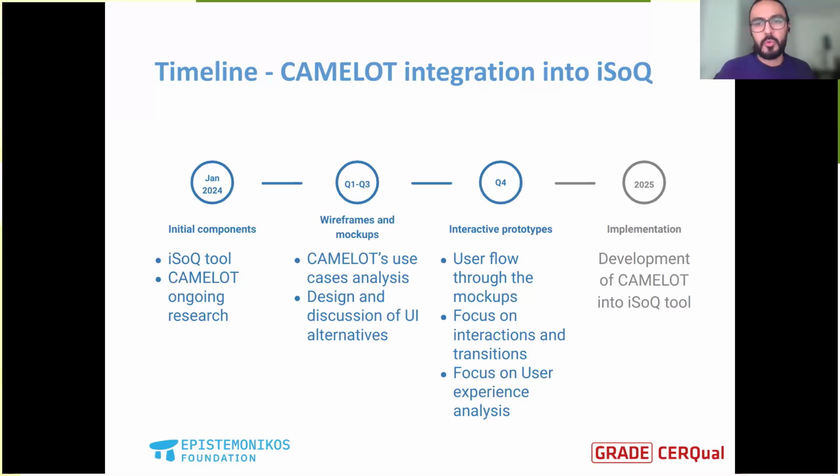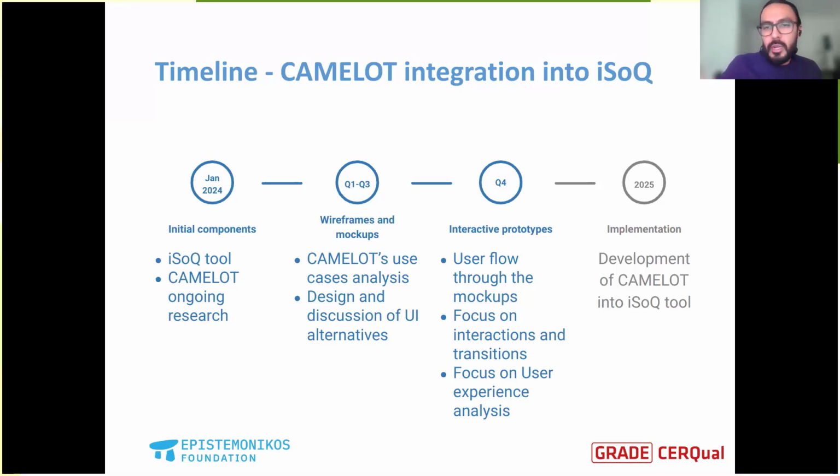So that's most of the reasons why we decided to go ahead this year with a prototype and not with a development tool. Okay. So in this slide, I'm showing very briefly what the process looks like for developing the prototype this year. We started with the base pieces, which are the iSoQ tool, and of course, all the ongoing research with CAMELOT. Then we moved on to pencil drawings and wireframes, and further on into more pretty and more real interfaces, the mockups.